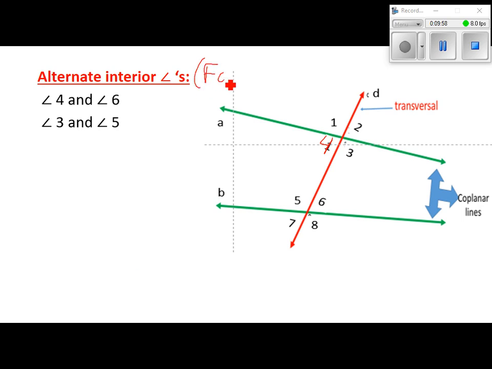With alternate interior angles, and this is probably key for a lot of what we're going to do as the year goes along, if you can see this now, you'll understand it all the way through the year, and it's easy.